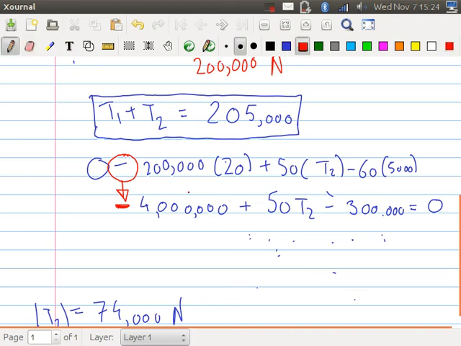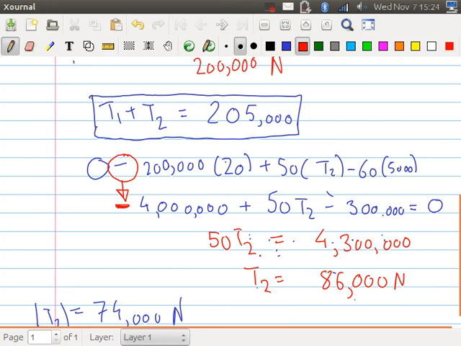Alright, let's fix that stupid mistake. 50T2 equals that and that. 4,300,000, and divide that by 50. 86,000. 86,000. 4 zeros? Yeah, 3.